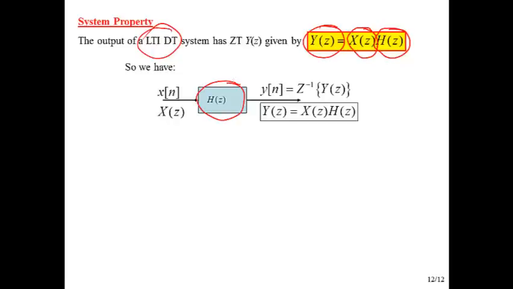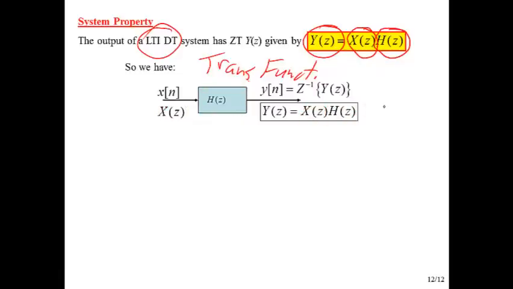We've already figured out how to find H of omega, the DTFT version of this, the frequency response. Now we're going to find the transfer function. And we'll talk more about this in subsequent video lectures. But the big idea is input Z transform gets transferred to the output Z transform by multiplication.